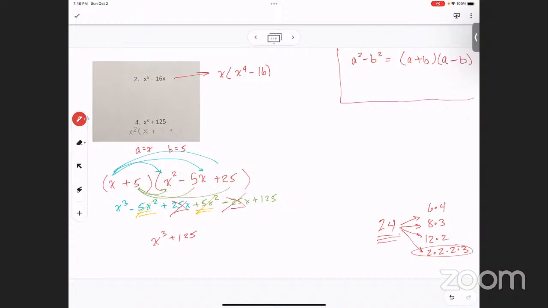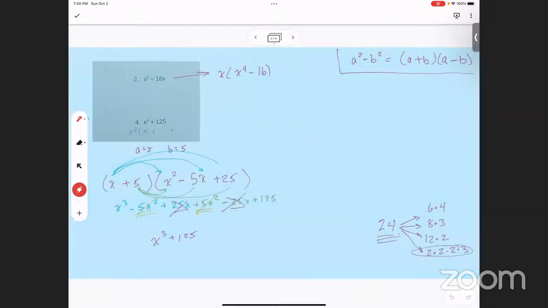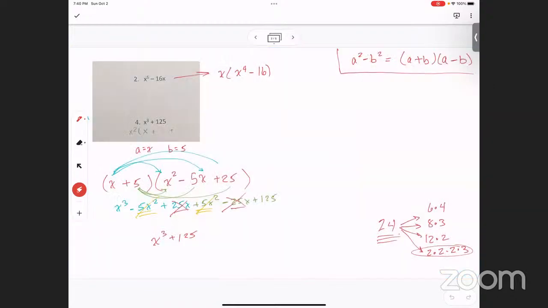Yeah, that's a plus b and a minus b. Notice that there isn't a sum of perfect squares rule, because that doesn't factor. So in perfect cubes, it works for either a sum or a difference, adding or subtracting. But for perfect squares, it only works for subtracting. So there's only a rule for the difference of perfect squares, not for the sum of perfect squares.